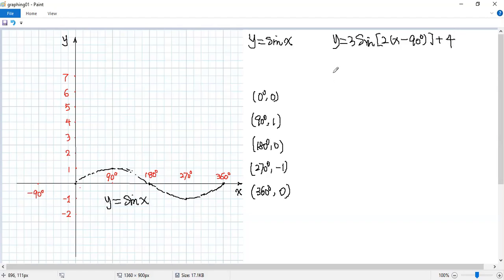The key step is to transform the key points of sine x to the key points of the target function. Because the amplitude a equals 3, greater than 1, we need a vertical stretch by a factor of 3. That means we need to multiply the y coordinate by 3.